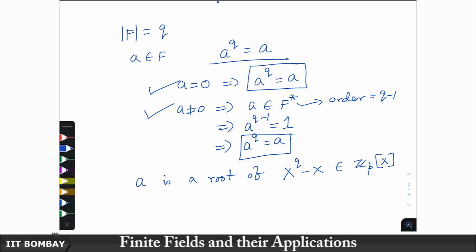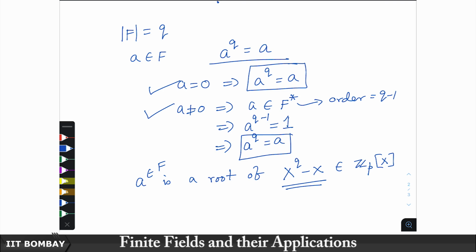And so, what is p? p is the characteristic of F. We know that if p is the characteristic of F, Z p is a subfield of F. So, this is a polynomial over Z p, and A is a root of this polynomial. So, all the elements of F are thus roots of x power q minus x. Every A in F is a root. Now, how many such elements are there?